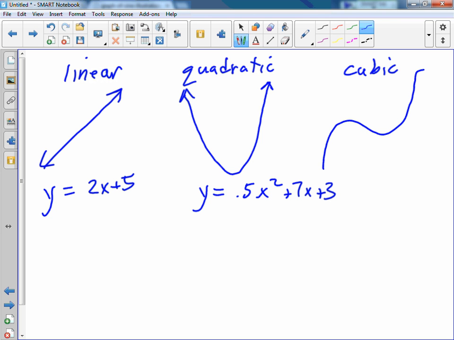They look like that. Y equals x cubed minus 7x squared, whatever. Things like that. Cubics, quadratics, linears. These are the ones we will deal with the most in this class.